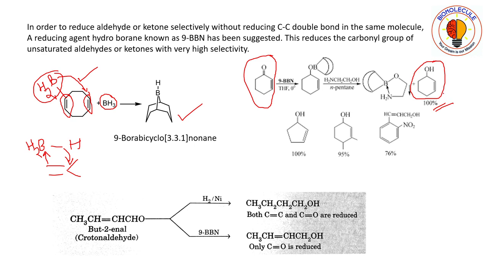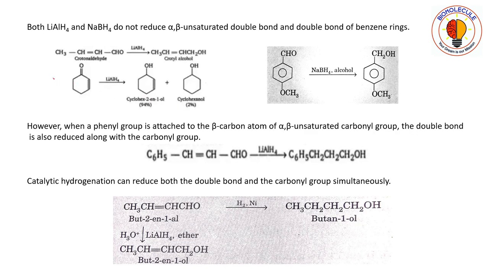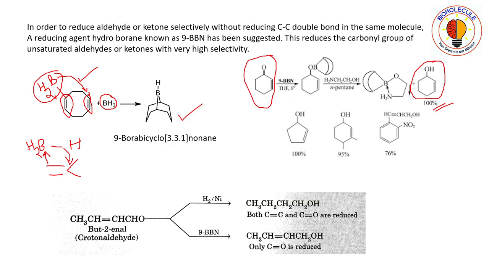Previously, you can see here, with lithium aluminum hydride, although it is more reactive, it gave only 94%, but here we are getting 100% with 9BBN. That is, it has very high selectivity for aldehydes and ketones. Whereas with lithium aluminum hydride, we were getting another minor product in which both the unsaturation and the carbonyl group were reduced.